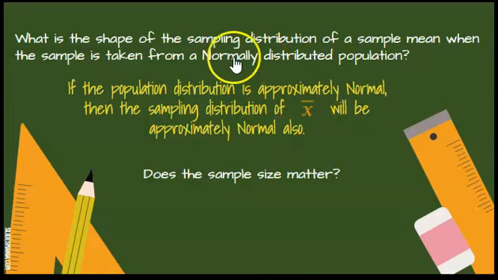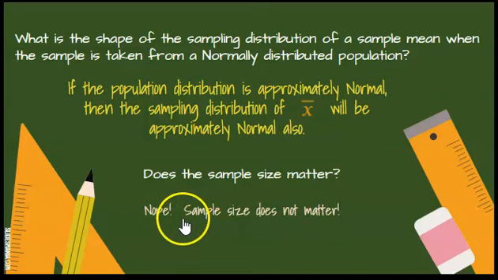Basically, it looks like the parent function. Does the sample size matter? No. The sample size does not matter in this situation. If the original population was approximately normal, then the sampling distribution will also be approximately normal. So it's important that you read the questions for that information.